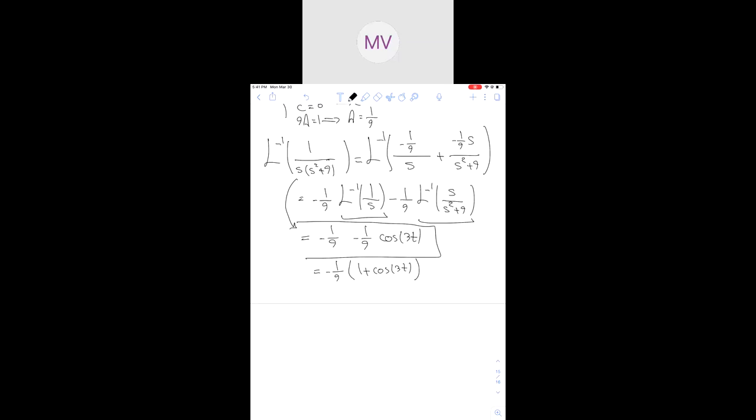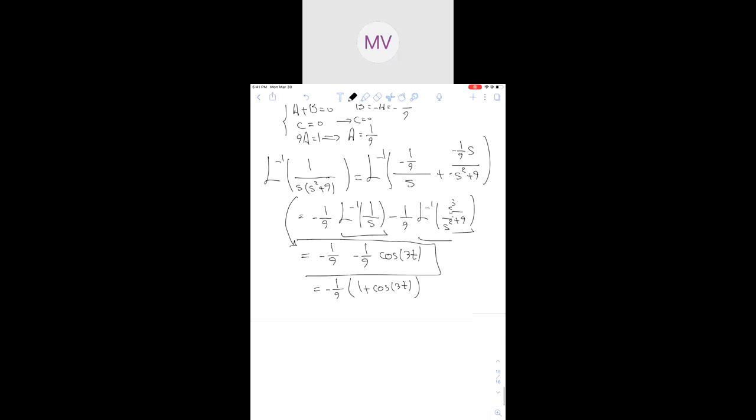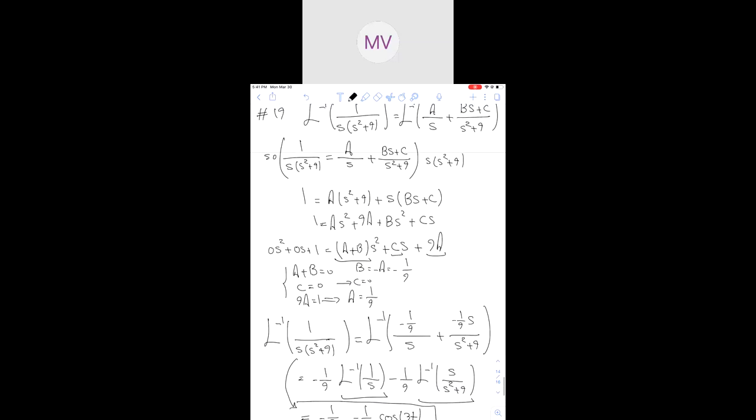Question on that? Can you go back to the partial fraction part a little up? Why does a plus b equal 0? Because a plus b on the right side is the coefficient of s squared, and there's no s squared term on the left side, or the coefficient of s squared is 0.